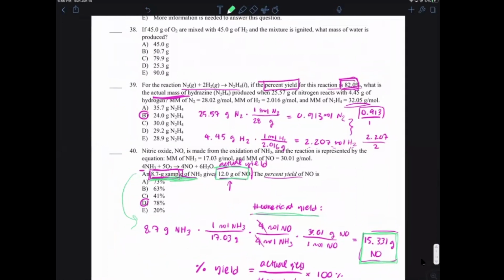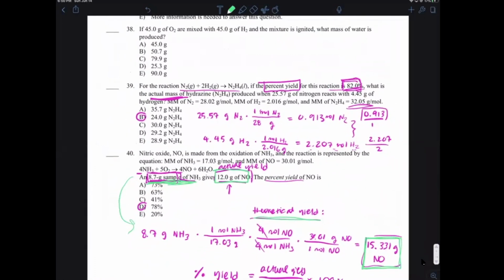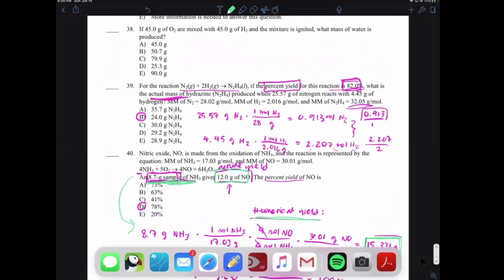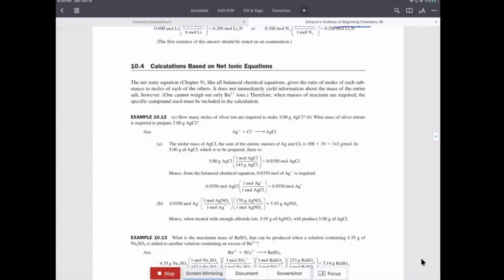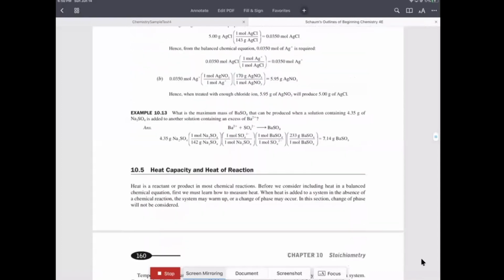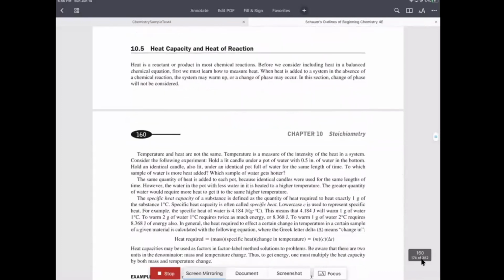So do you want to solve more problems like this one? All right, so I'll check the book. All right, let me know once you can see the screen. Okay, cool.